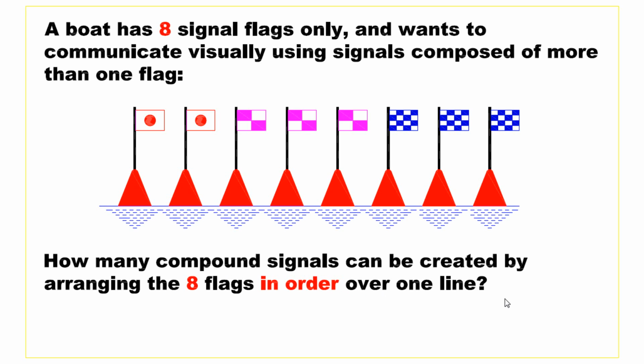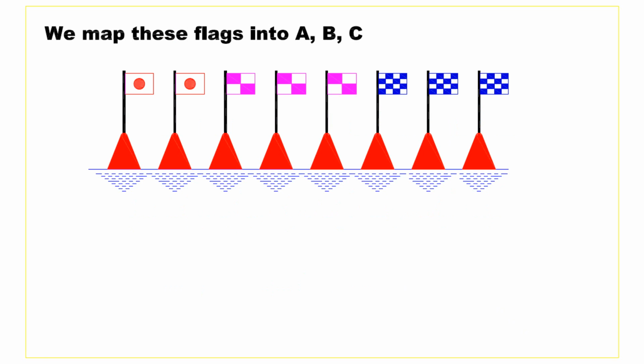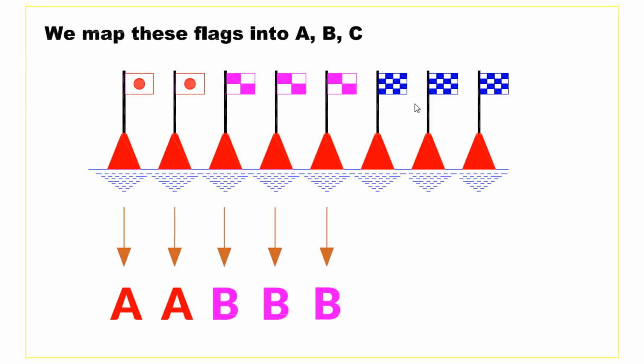The first step is that we map these flags into A, B, and C. So we map the first set of identical items, and the second set, and the third set.